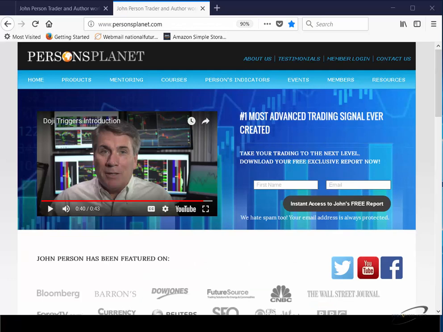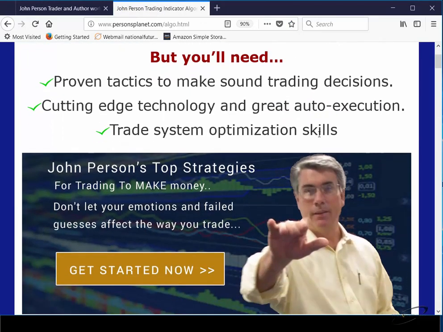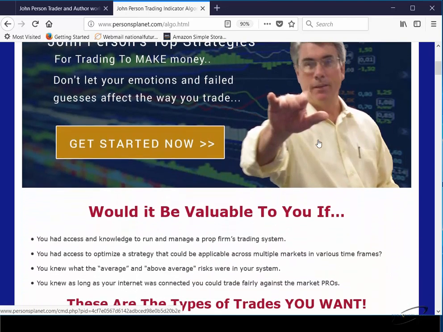All right, so you go to personsplanet.com and you go right up here to Persons Indicators. That's number one, where you want to see this box right there. So you're going to go to Algo Optimizer. One click, and there's the information on the Algo Optimizer.